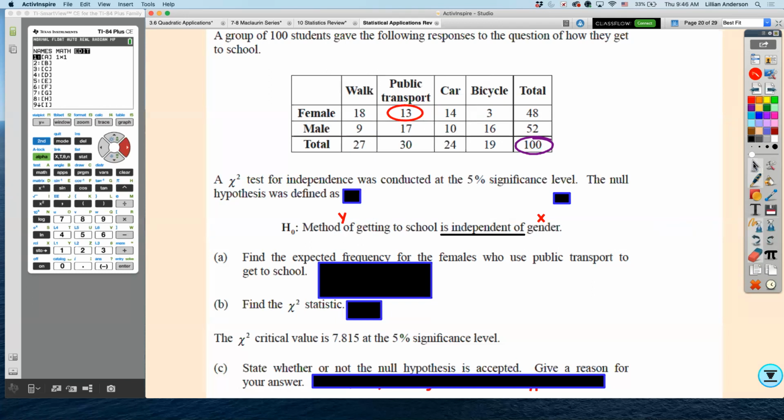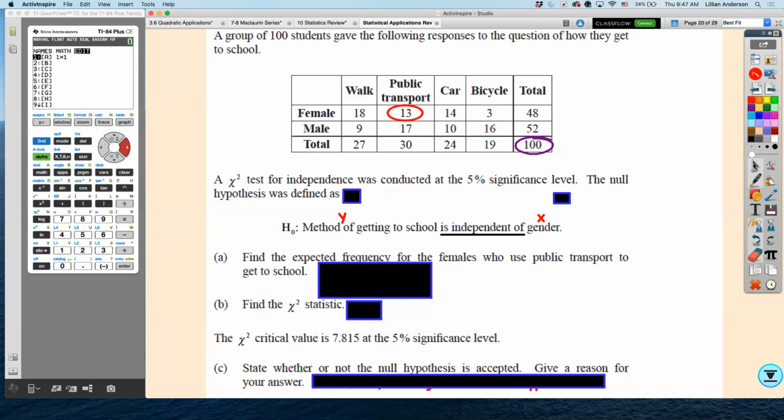So when you're finding expected value, remember that formula was you take your row total and you multiply it by your column total, and then you divide it by your overall total. You need to identify where that value is located, because you need to take that row total, which is what number? 48. You multiply by the column total, which is 30.